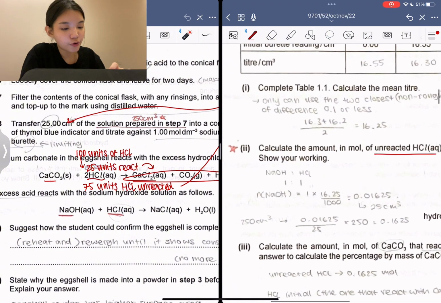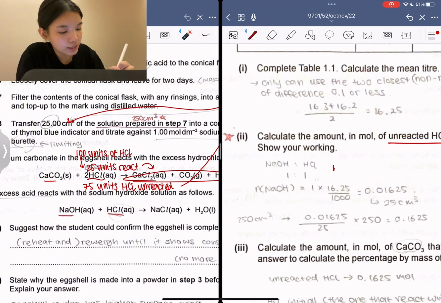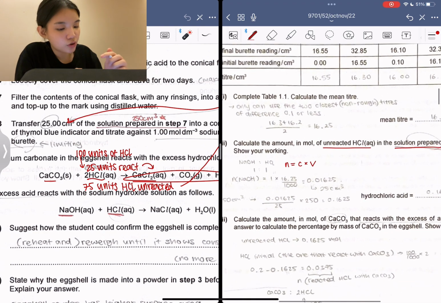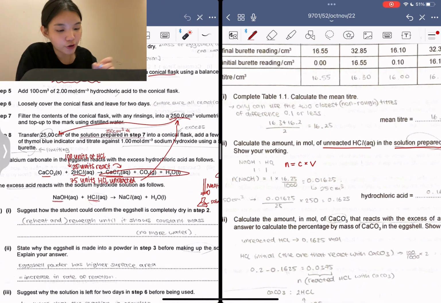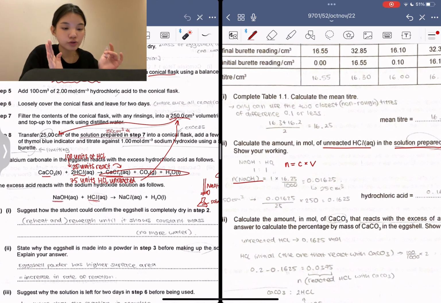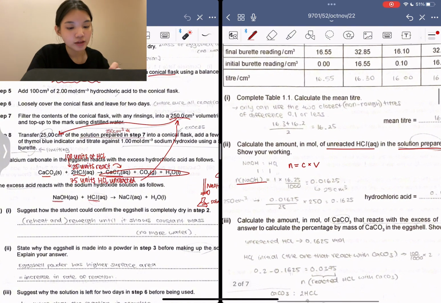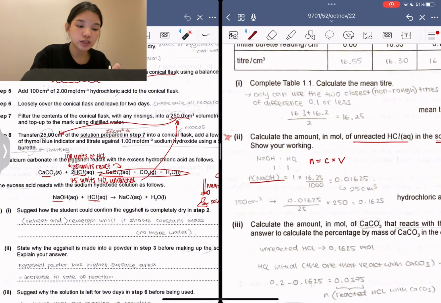The formula for mole is n equals C times V. The concentration we use is 1 mole per dm cube of NaOH in the burette, and NaOH to HCl has a ratio of 1 to 1. So the mole of NaOH is equal to the mole of the unreacted HCl.